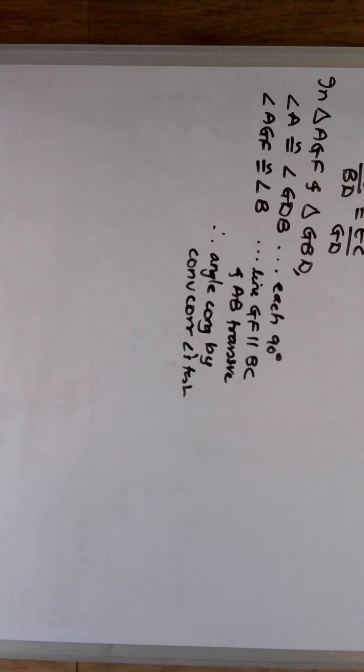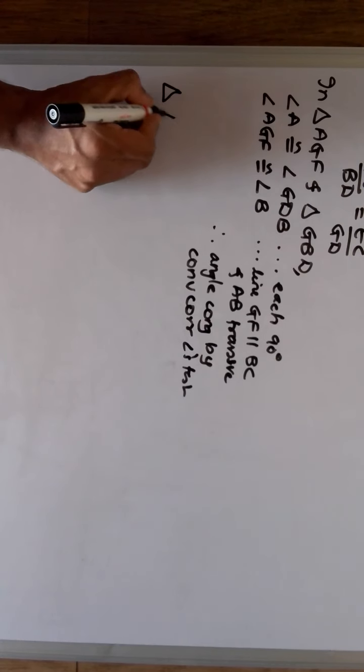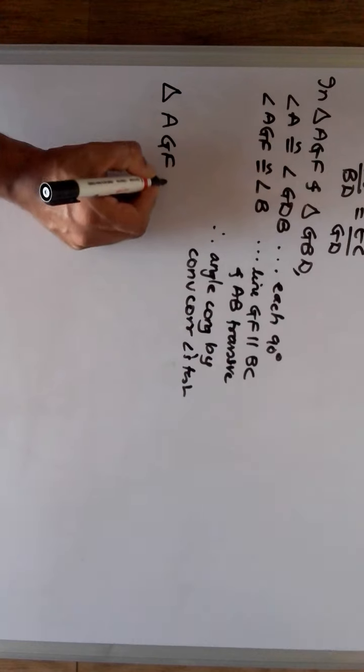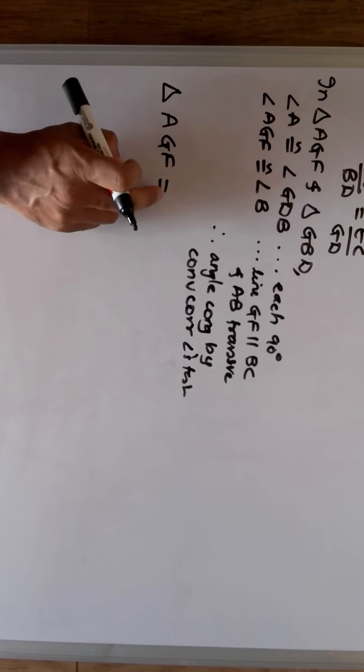Okay. So now you can see here 2 angles of one triangle are correspondingly congruent to 2 angles of another triangle. So therefore triangle AGF, the first one I told you, has the whole right to be written in any way.